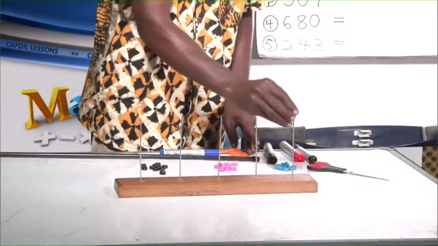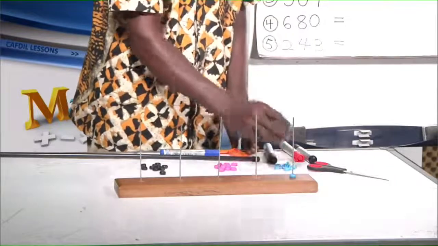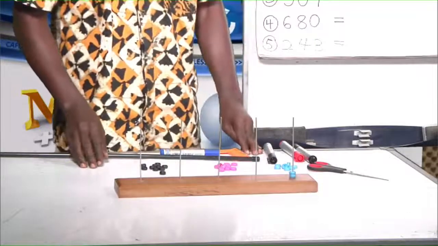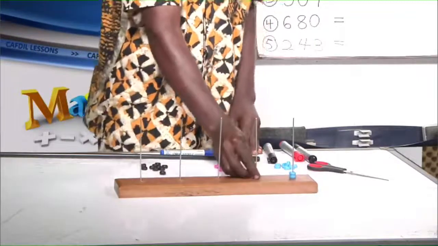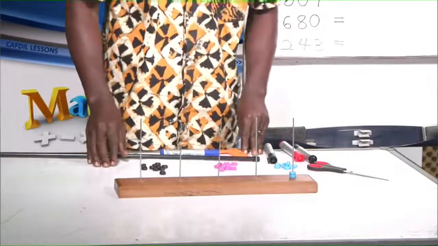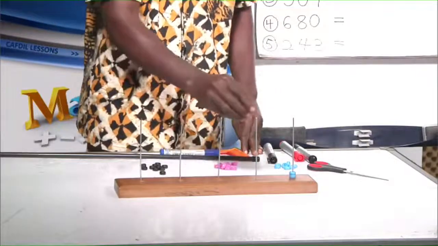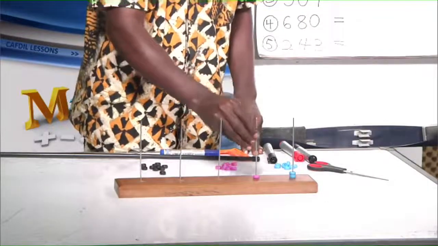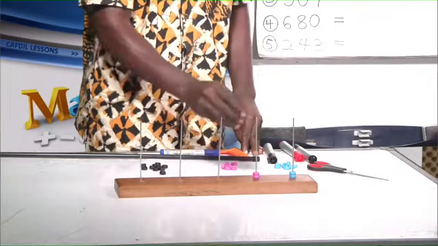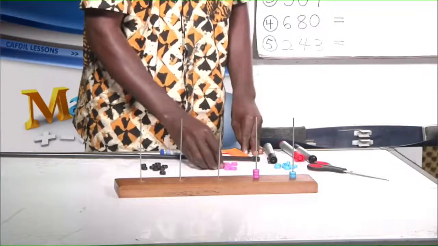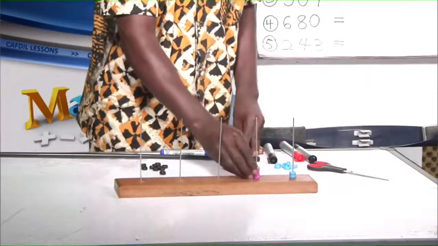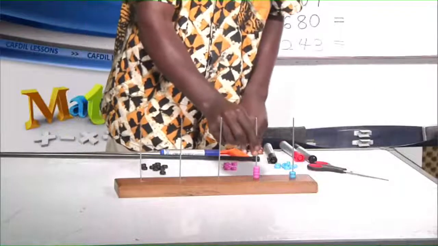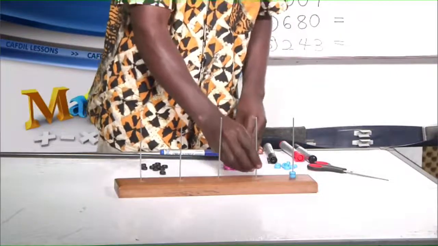So let's count. 1, 2. Under the tens column, we have 4 tens. So 1, 2, 3, 4. And since the beads are on the tens column, we have 4 tens.